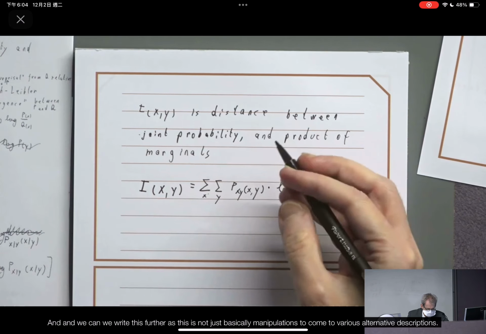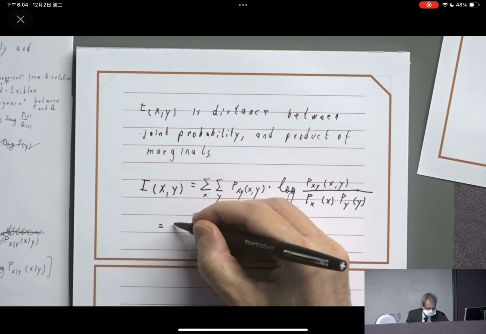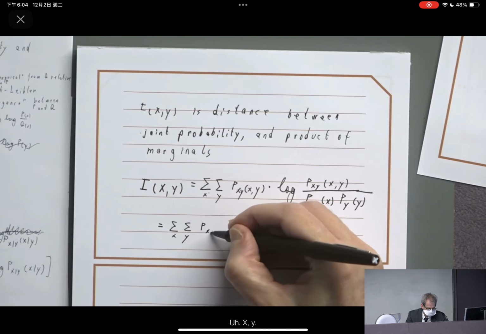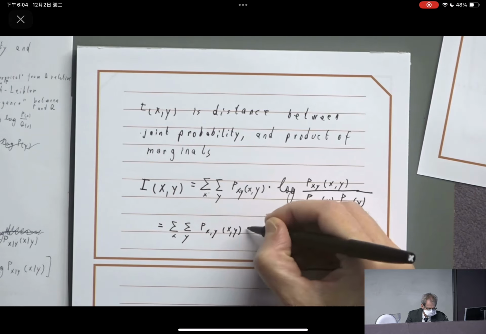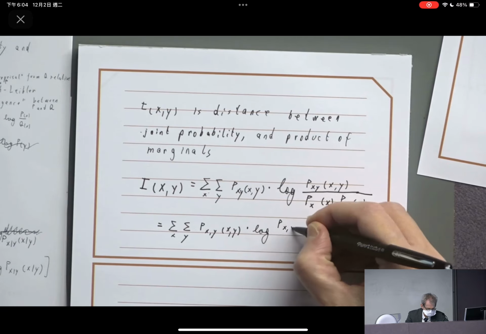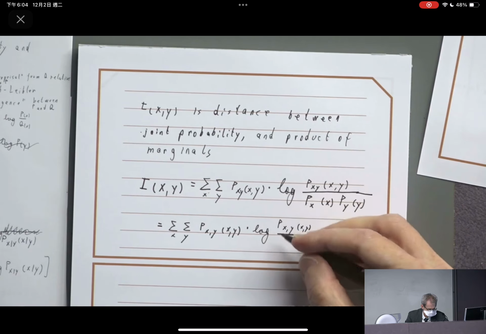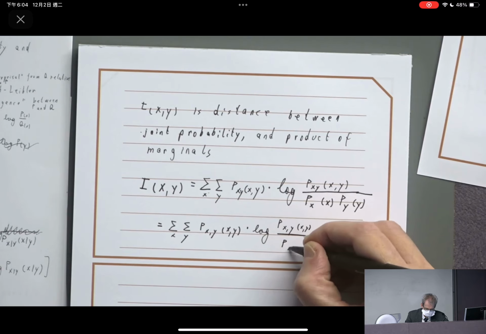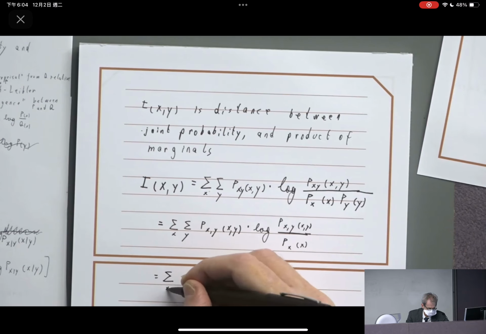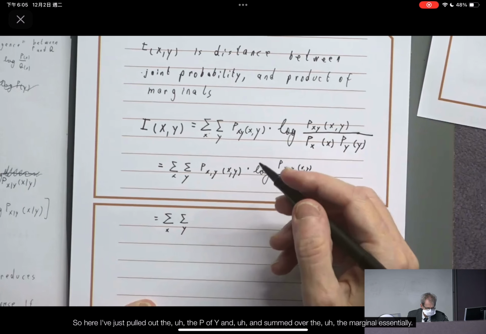Right? And we can rewrite this further, and this is now just basically manipulations to come to various alternative descriptions, and this is the sum over xy of Pxy. So here I've just pulled out the P of y and summed over the marginal essentially.